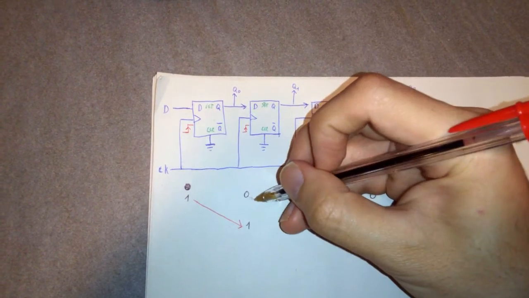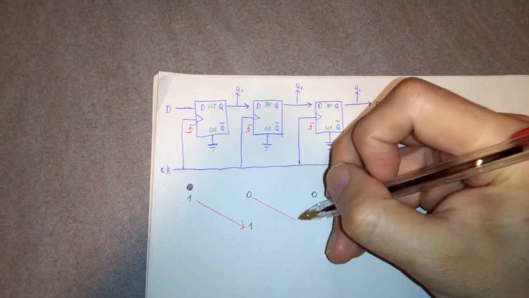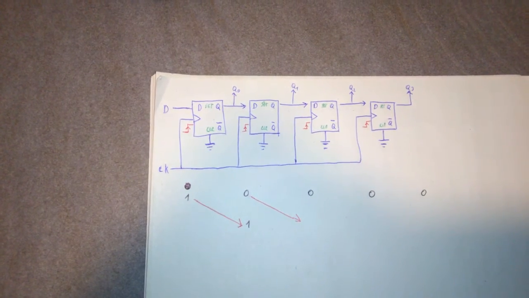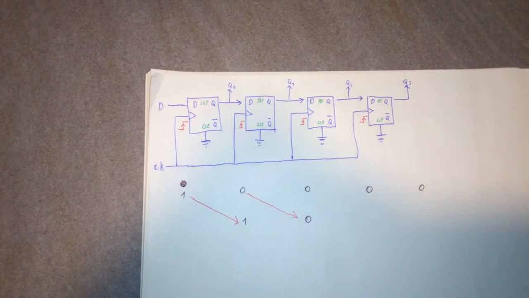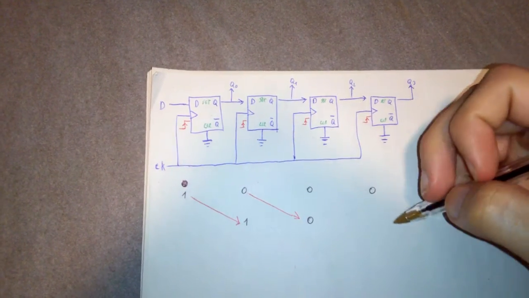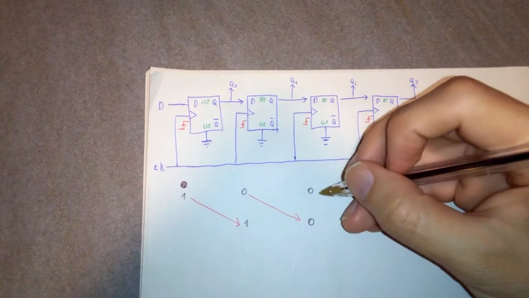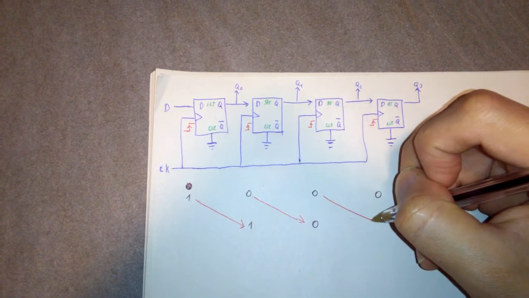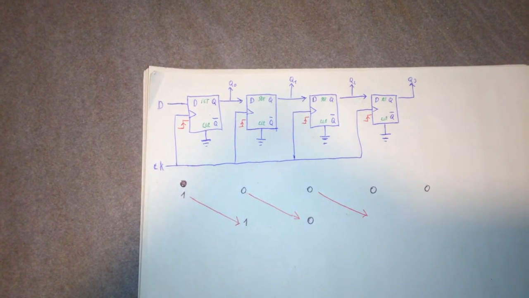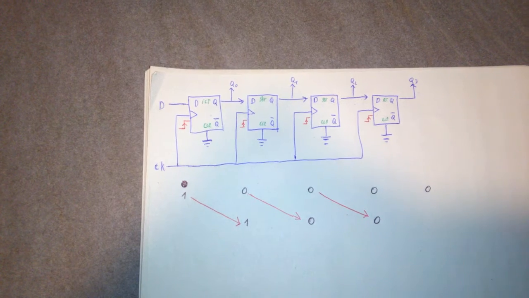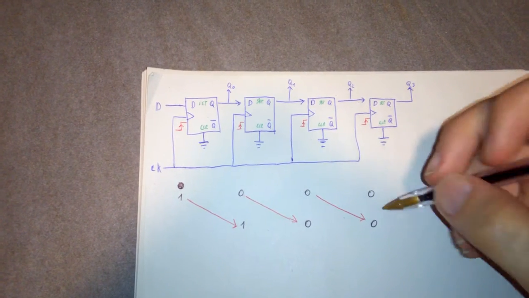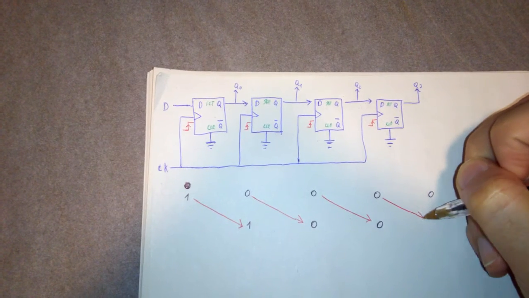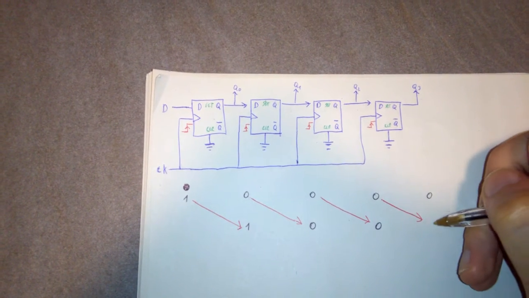So we're going to get 0 in the next clock cycle. Then D0 is going to be passed through here, the next cycle. So you get a 0 here. And then D0 is going to be passed here, the next cycle. So we get 0.